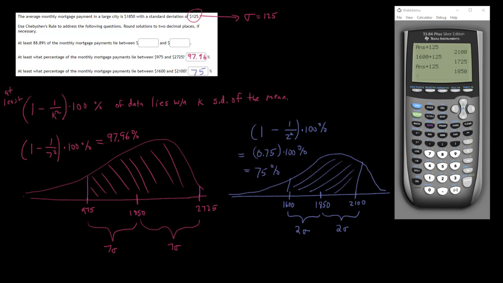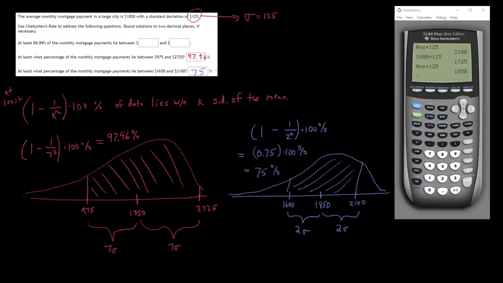Okay. Now I saved the first part for last because this is kind of reversing the process. Reversing the process is saying, hey, at least 88.89% of the monthly mortgage payments lie between what 2 figures? So we're doing the opposite.